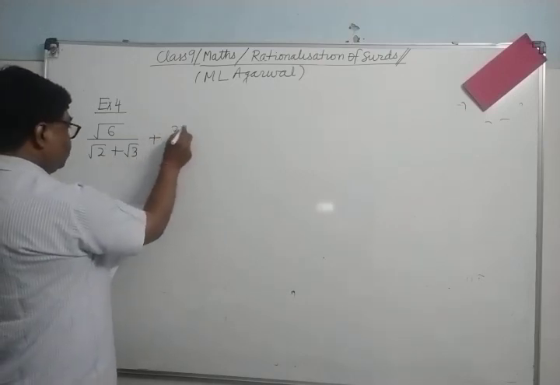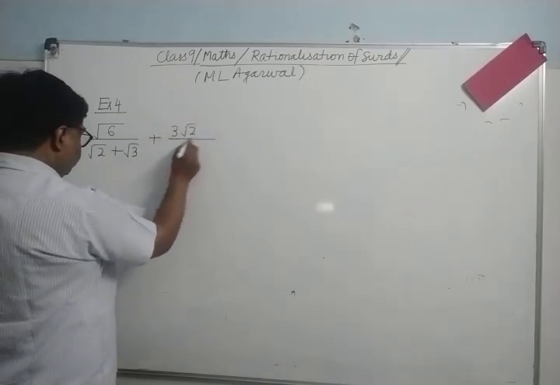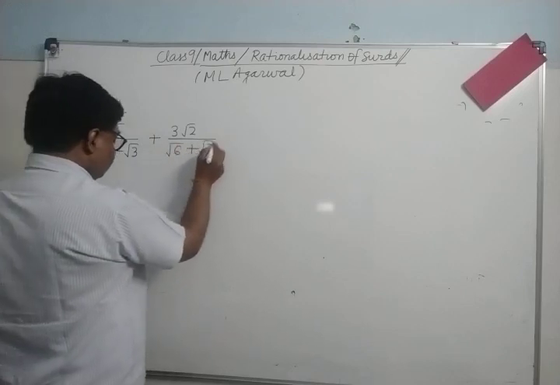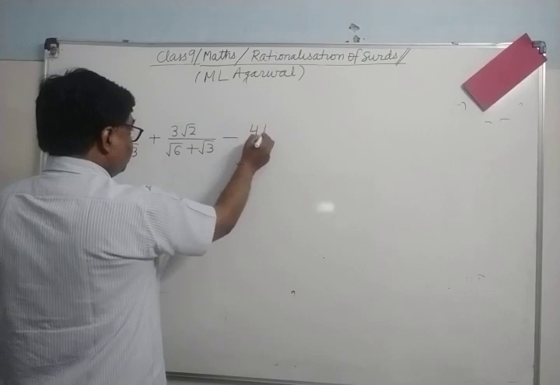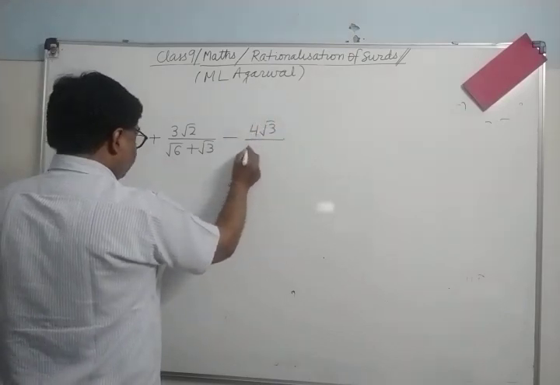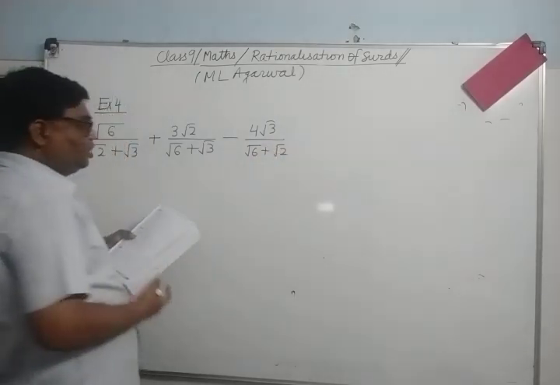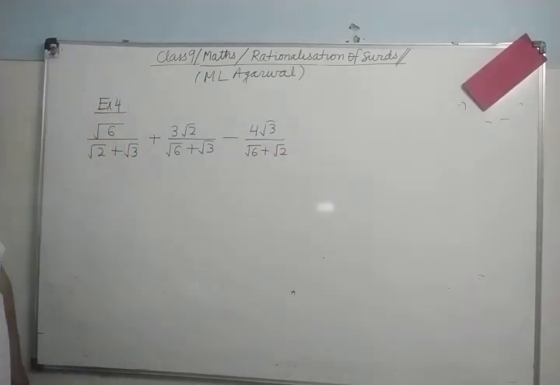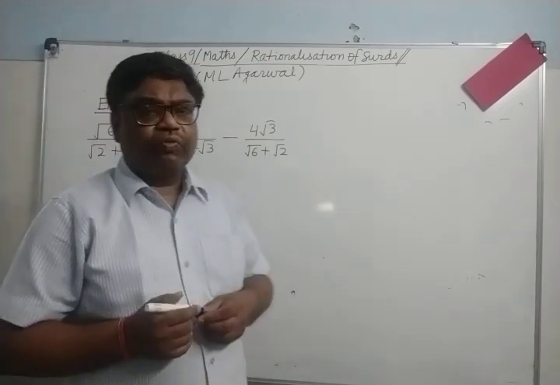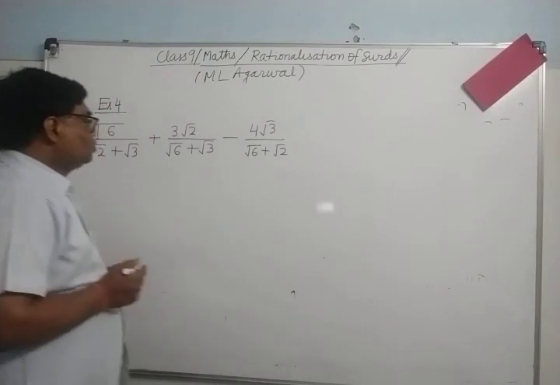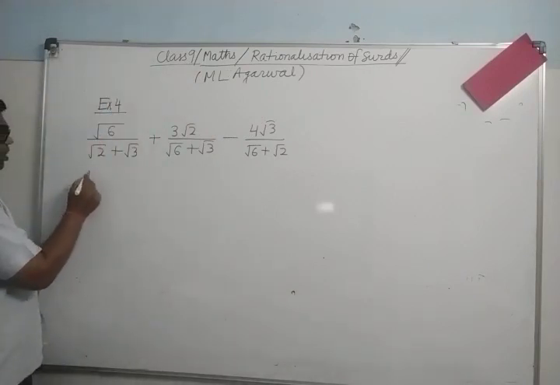Plus 3√2 upon √6 plus √3 minus 4√3 upon √6 plus √2. So see here, all the denominators are different. All the denominators are different. So we will simplify them separately.